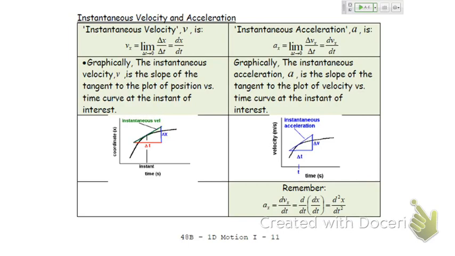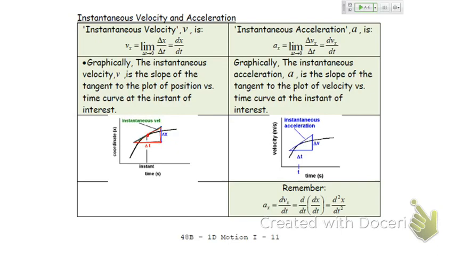If this is my journey, this is my coordinate, position versus time, and there's my journey. At any instant I can pick a point on my graph and ask, what is my velocity? Well, velocity is change in position, or displacement, versus time, and that corresponds to drawing a tangent and asking, for that tangent line, what is my rise over my run?